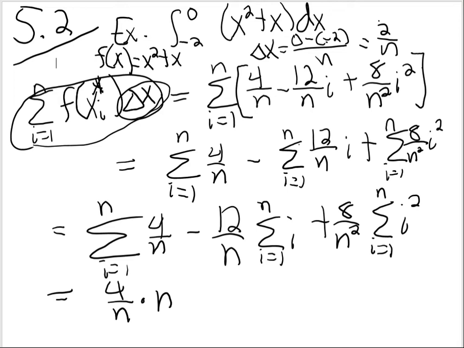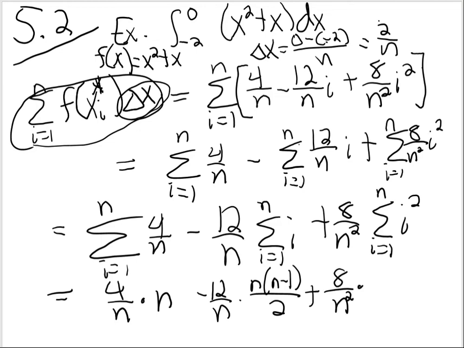Well, it's 4 over n times n, minus 12 over n times n minus 1 over 2, plus 8 over n squared times n, n plus 1 to n plus 1 over 6.